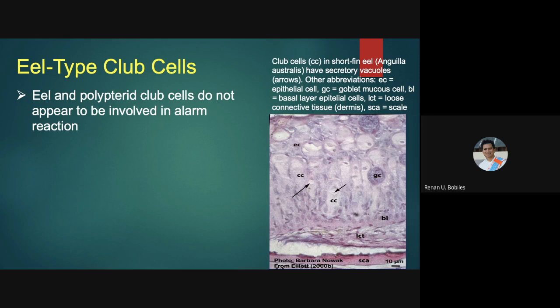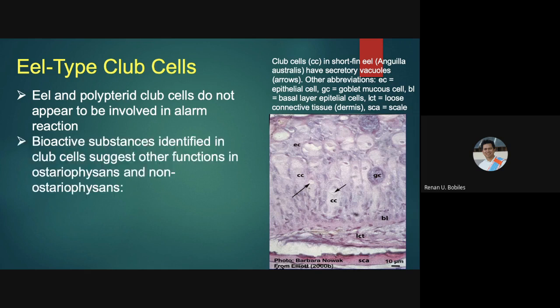In eel and polypterid club cells, it is not involved as an alarm, but a bioactive substance identified in the club cell suggests other functions in Ostariophysan and non-Ostariophysan cells, like toxin.